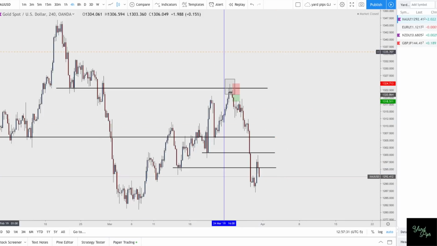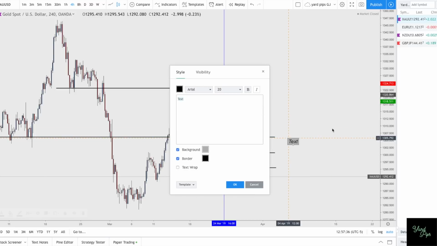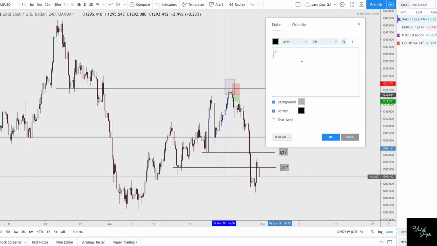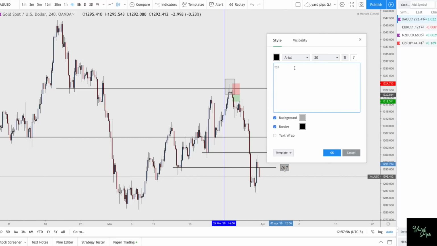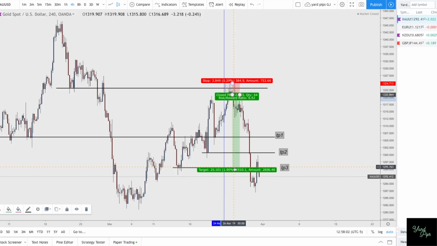So we can have a situation where TP1 would be right here, TP2 would be right here, TP3 would be right here. Let me alter this. Simplicity. So our risk to reward will be looking something like this.